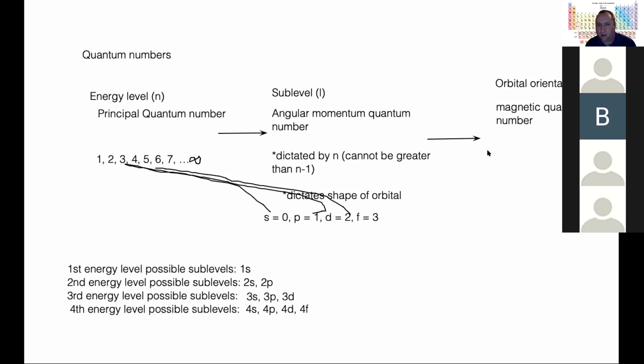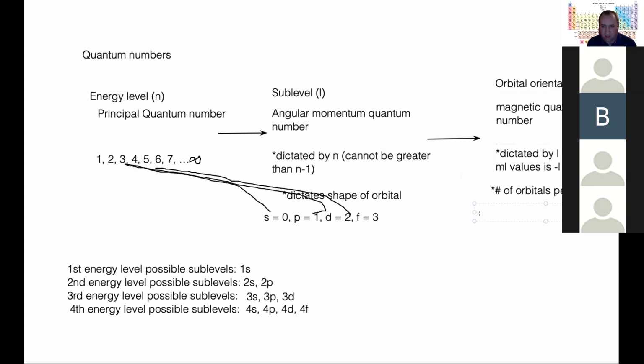And it is dictated by L, meaning that the range of m sub L is from negative L to 0 to positive L. And so this tells us the number of orbitals in a sublevel.